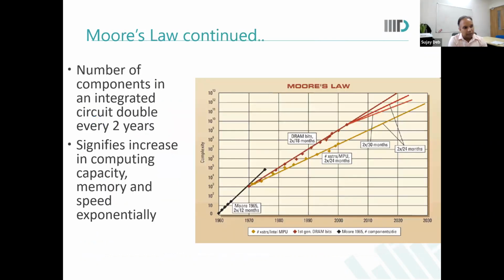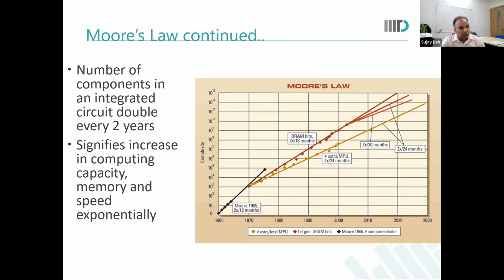This slide again is a very standard slide which shows the rate at which the number of transistors, or the complexity of the chips, represented as number of transistors, increases for both memory as well as CPUs.